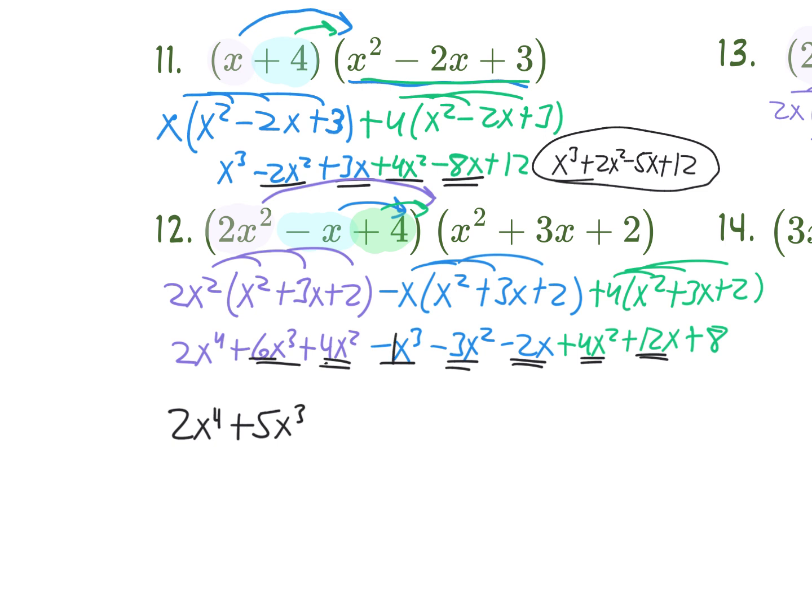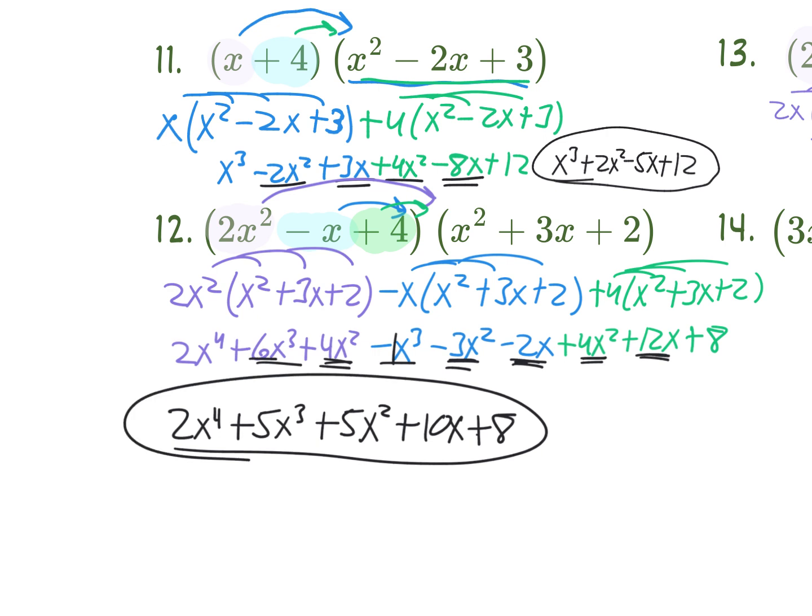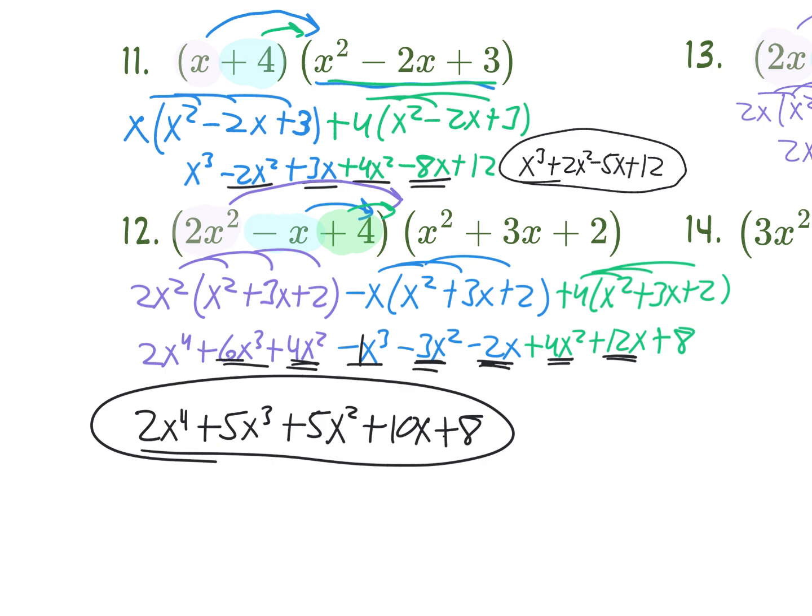And then 4x squared minus 3x squared is 1x squared, plus another 4x squared is another 5x squared. And then our x: minus 2x plus 12x is going to get me a plus 10x, and then nothing combines with 8. So we get 5 terms in our final answer. A little bit longer, but still the exact same idea.